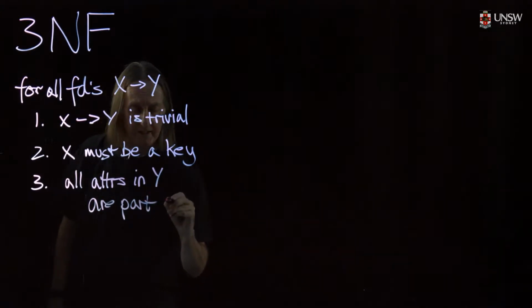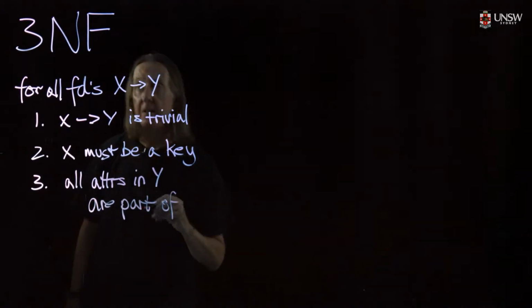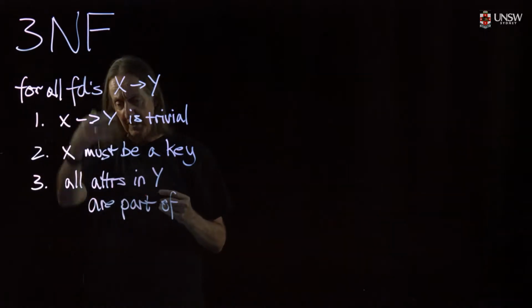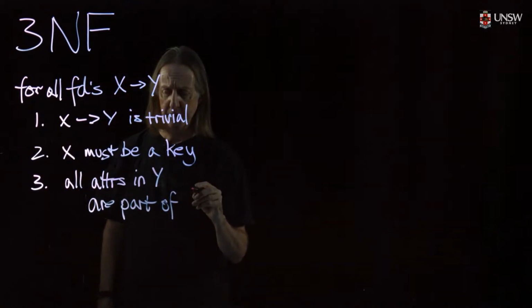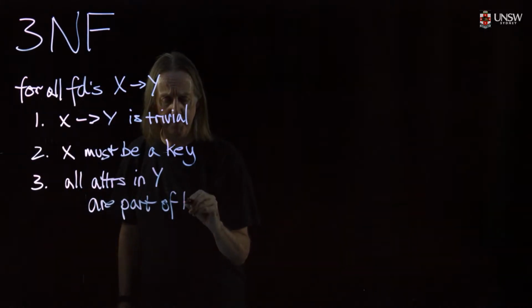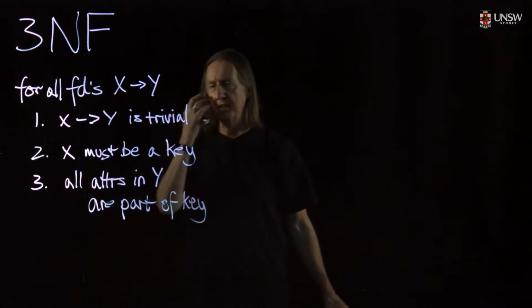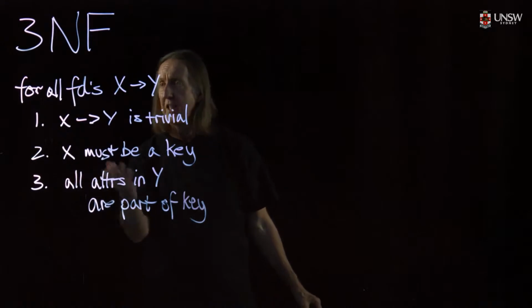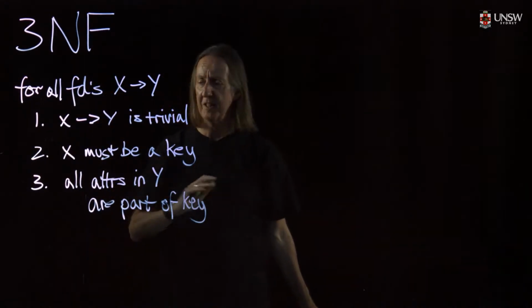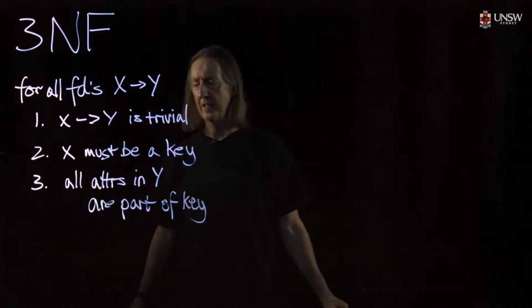So there are clearly some third normal form schemas that satisfy these that don't satisfy BCNF. Okay, so that's the essential difference between 3NF and BCNF, that third test there.